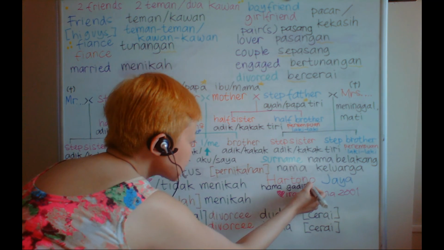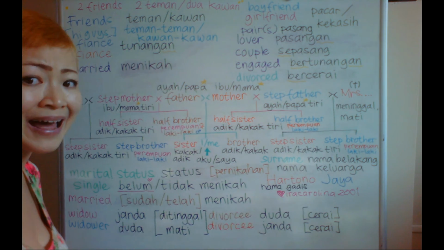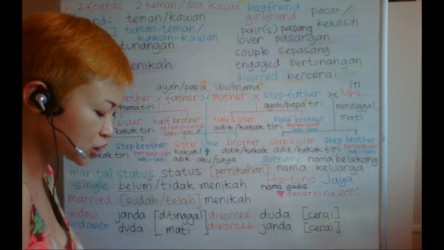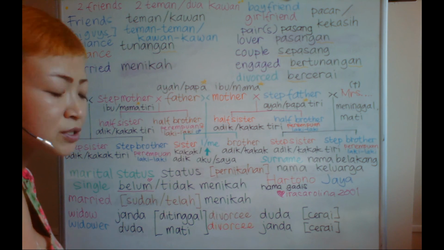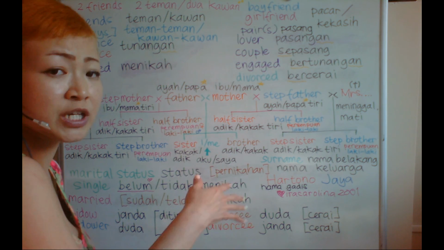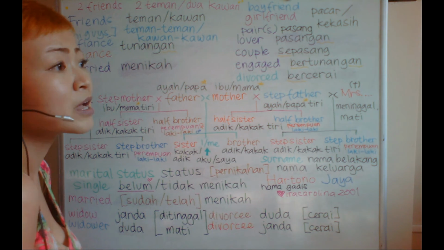Most people just write it for daily life, but for legal action, if you want to change your name, even though it's your husband's surname, you have to change most of the documents that you have.